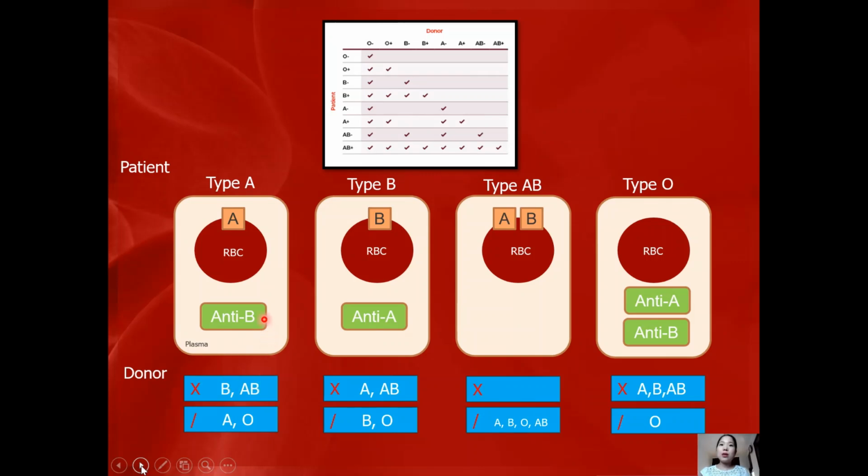So what can you transfuse to a patient with blood type A? Definitely those without the B antigen. So you can transfuse either a blood type A or a blood type O.